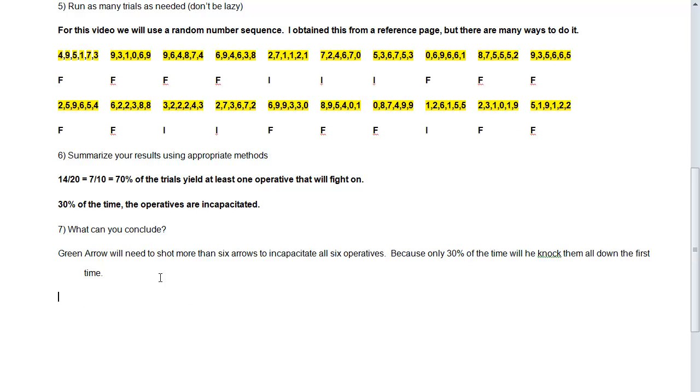Now, probability time. If we wanted to calculate the actual probability, what we would do is look at the fact that each event is independent, right?